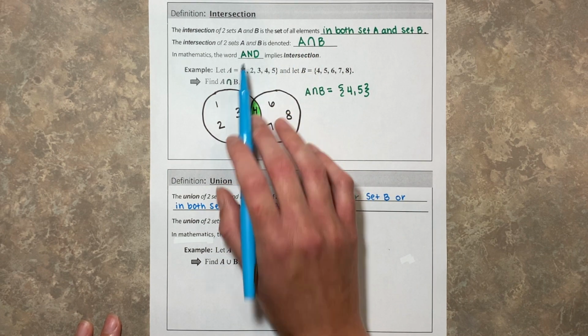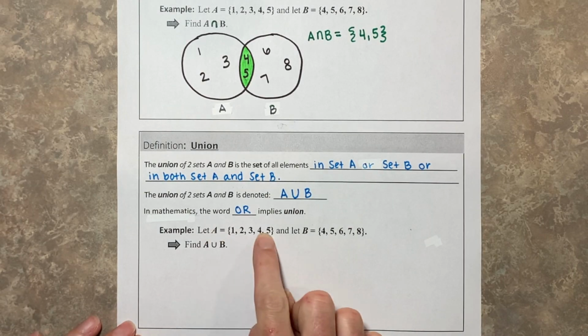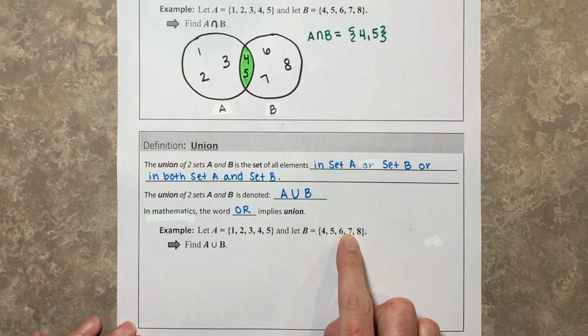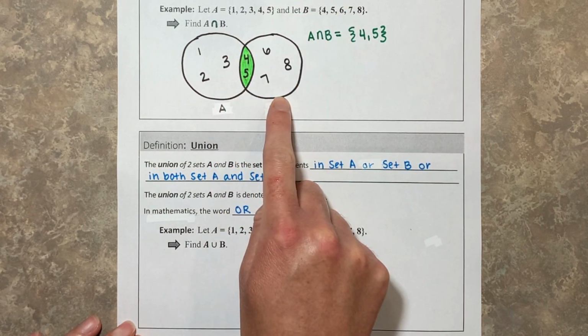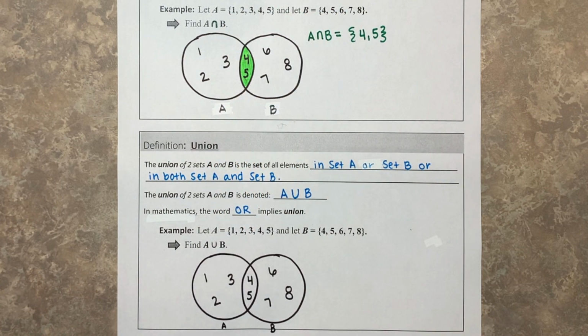For this example, set A and set B are the exact same sets we saw in the example above. So I'm going to copy down this Venn diagram. Now we see this symbol here, so we know that we're looking for the union. And the union of sets A and B are the elements in set A or set B or both sets A and B. Another way to think about that is that if you're looking for the union of two sets, you just list all of the elements within those two sets.